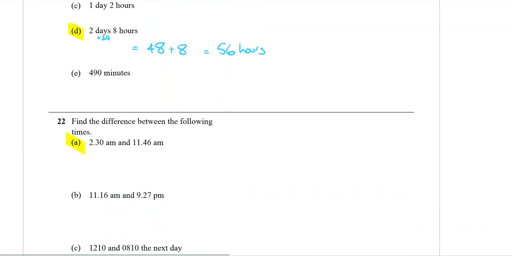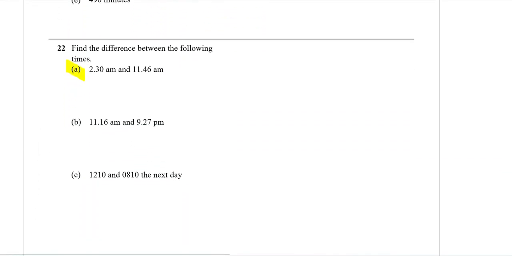Okay? Question 22. Find the difference between the following times. So you can do this by counting up. I can go 2:30, 3:30, 4:30, 5:30, 6:30, 7:30, 8:30, 9:30, 10:30, 11:30. So that's 9 hours to get to 11:30.